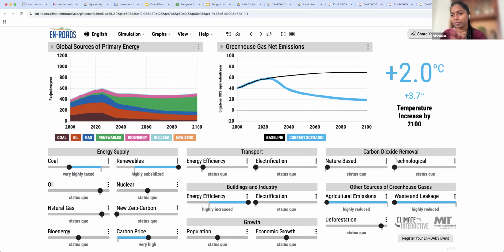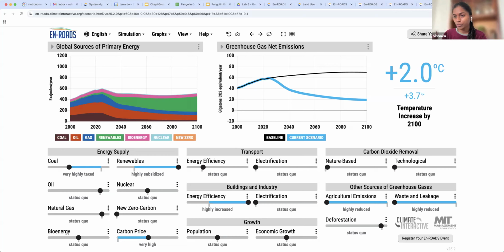Because, like we saw in the simulation with you, Ashwin, if you just increase renewables, it's not going to really replace fossil fuels. And amongst the fossil fuels, since coal is the most harmful, we tax that. We kept the coal tax, maybe it's not very realistic, but we didn't push it all the way to the end. But for subsidizing renewables, we thought that's more realistic, so we pushed it all the way.